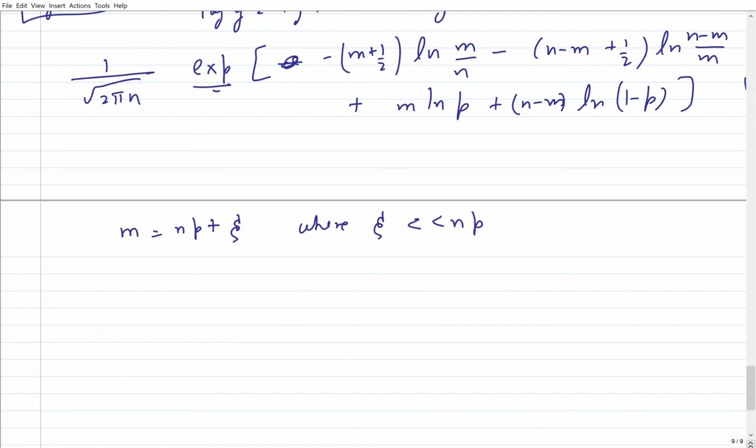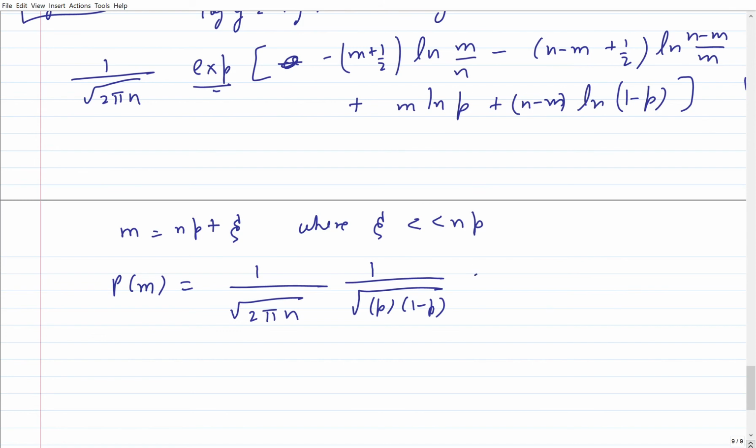And if I retain just the dominant terms, I'm going to get P of m as 1 over square root of 2 pi np 1 minus p, times exponent of minus epsilon squared over 2 np 1 minus p.